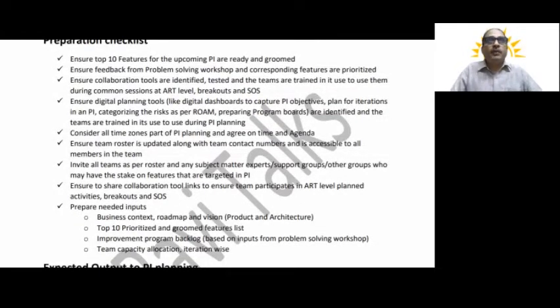Okay, the collaboration tools, when I said it earlier, it doesn't mean the various tools that we use to attend the PI planning. The collaborative tool, whatever we choose, should also allow the ART members to have separate breakout sessions.